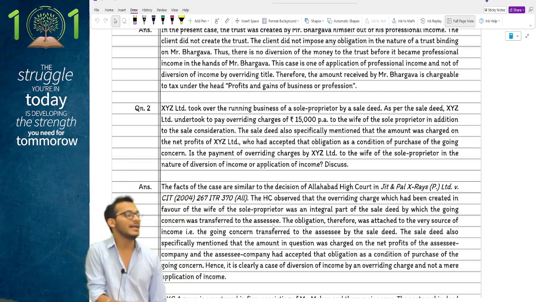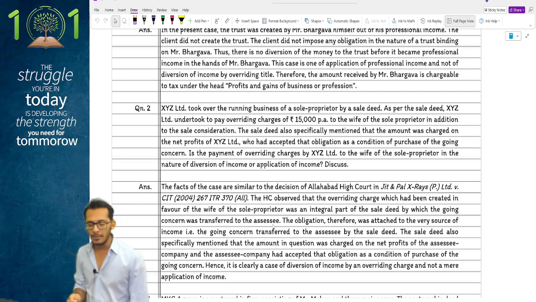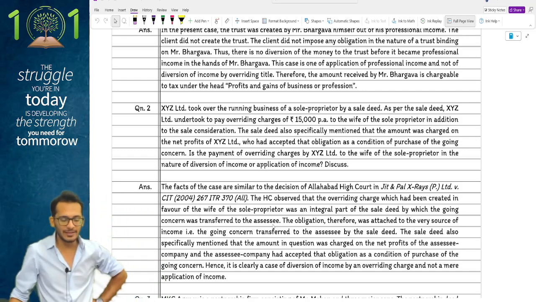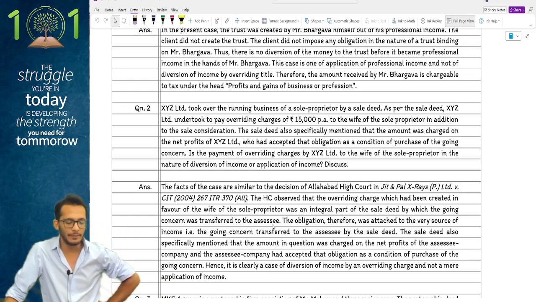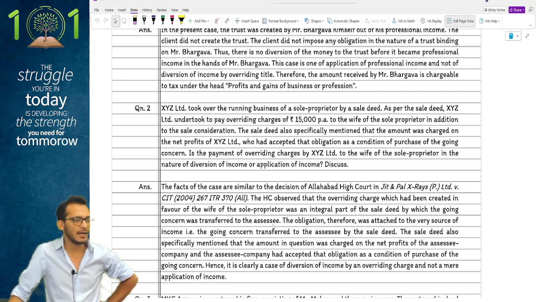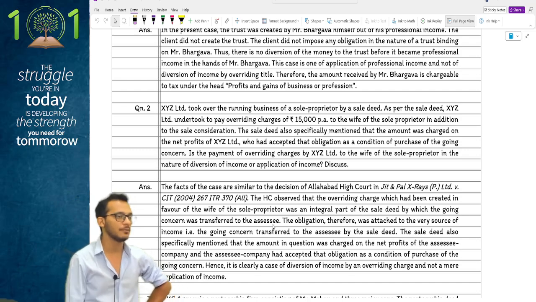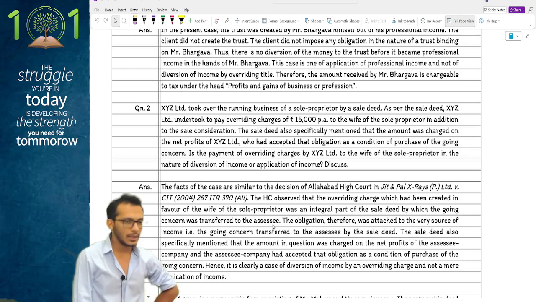And therefore it is the very foundation that you have to give the money. The sale deed also specifically mentioned that the amount in question was to be charged on the net profit of the assessee, and the assessee company has accepted such obligation as a condition of the sale. Hence, it is clearly a case of diversion of income by overriding title and therefore will not be taxable in the hands of the company.